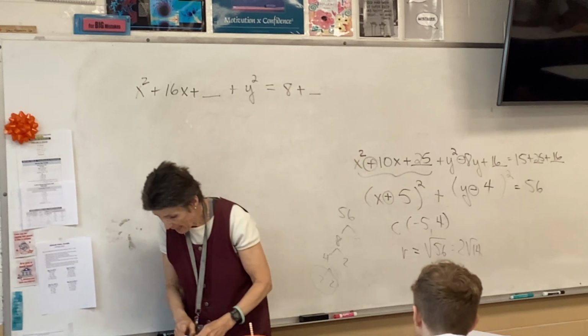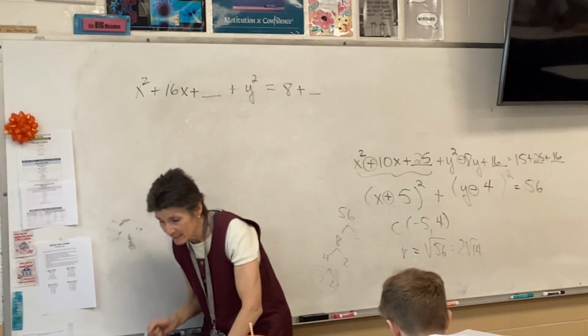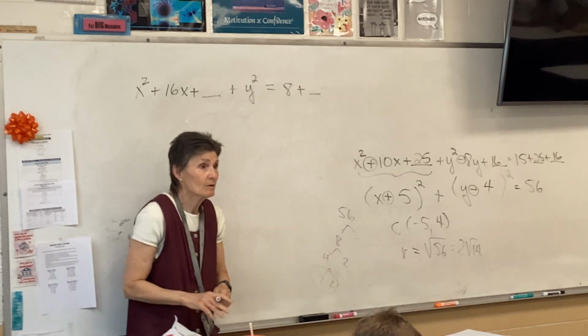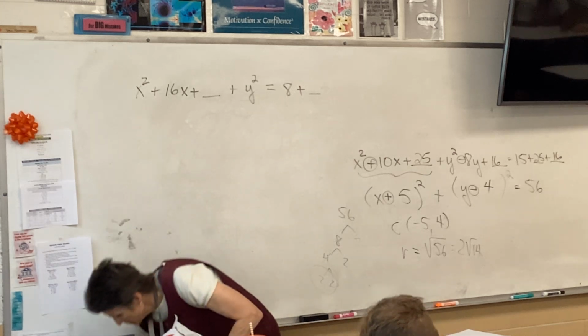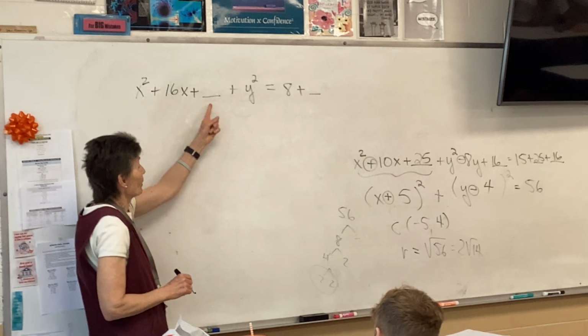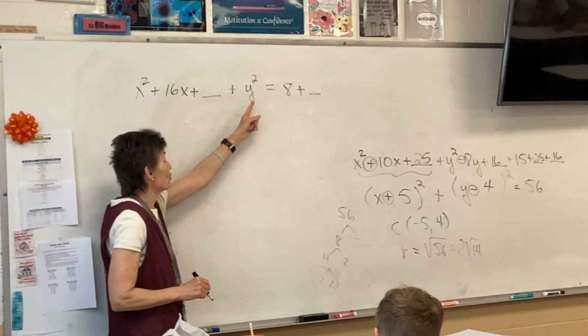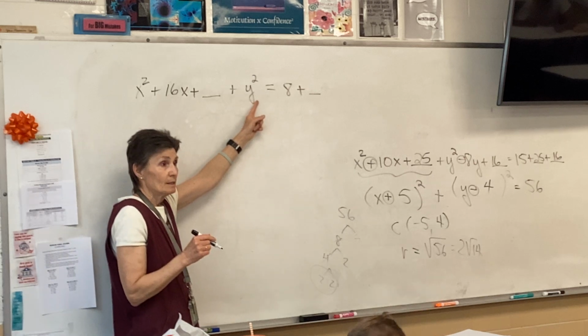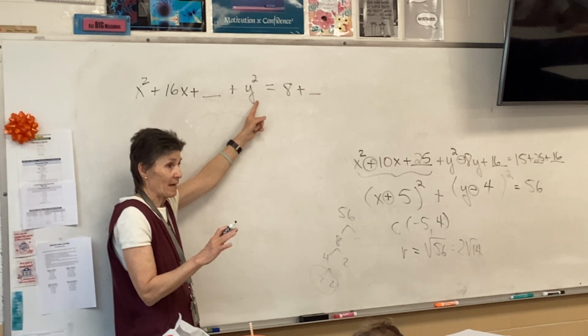If you don't have two y's to group together, then you're only going to complete the square one time because there's nothing to group there, and so we don't have to worry about that one.